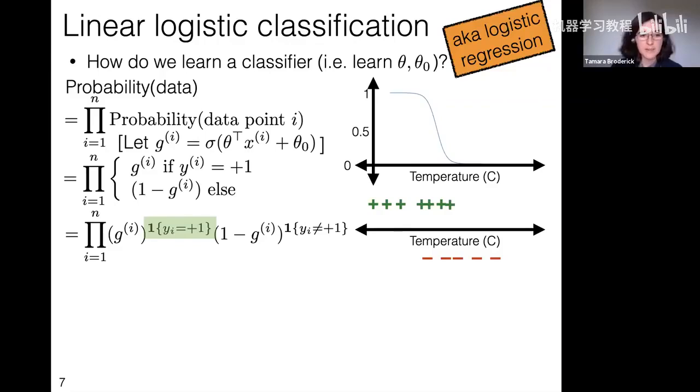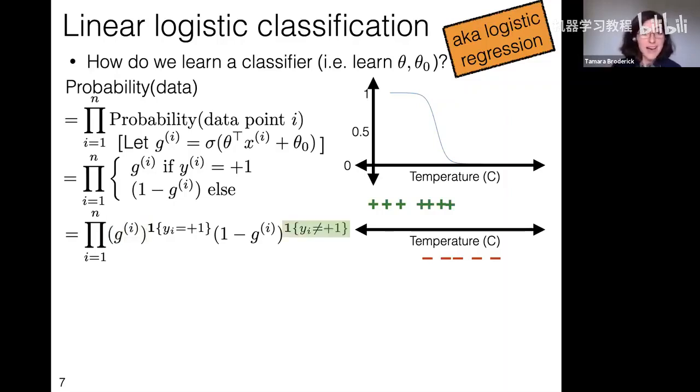And so what's happening here? Well, if y_i is +1, then this evaluates to 1, and so effectively we have a factor of g_i. If y_i is not +1, then that exponent evaluates to 0, and anything to 0 is just going to be 1, and so we don't have a factor of g_i.